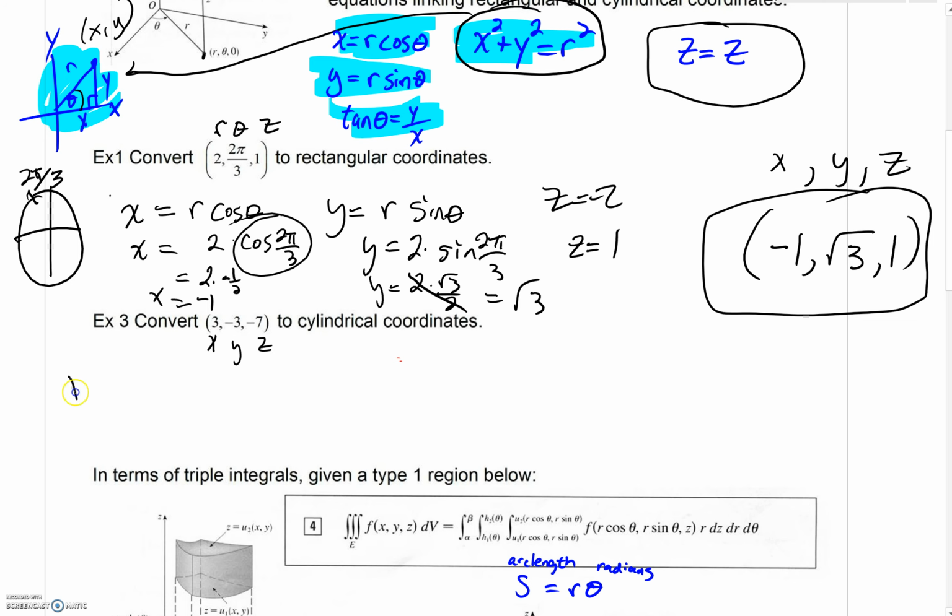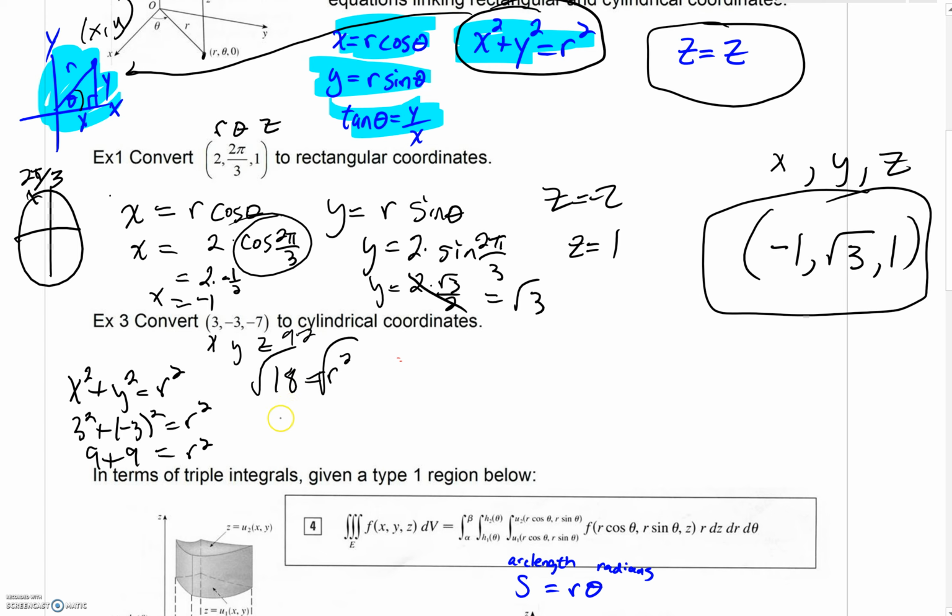Well, you could definitely get your r value very quickly. You know that you'd have 3 squared plus negative 3 squared is equal to r squared, so that's 9 plus 9. We know that's 18, and as we take a square root, this is 9 times 2 in here, so this is going to be 3 radical 2.